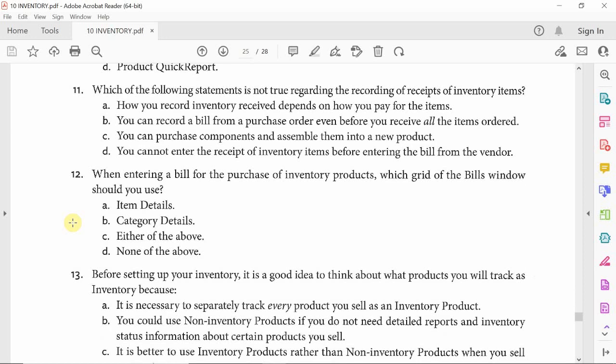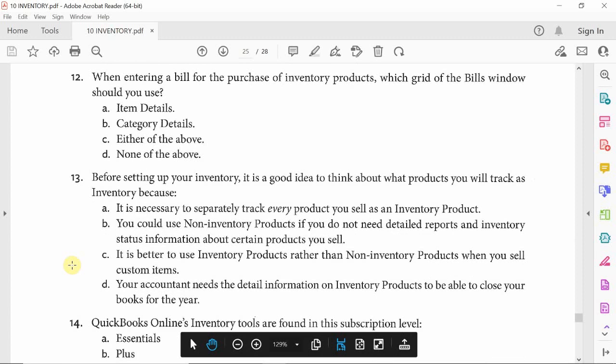It should just be A. Yes, it should be the items. Categories are your accounts. If you remember on the bills form, the very first section is categories, which is all your accounts, and the second one is all your products and services, which is your items.